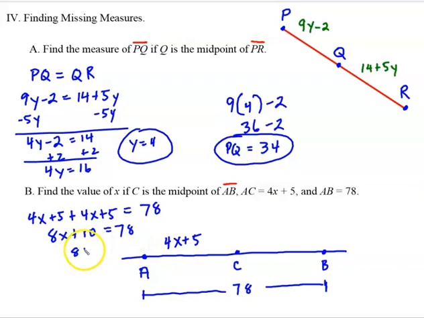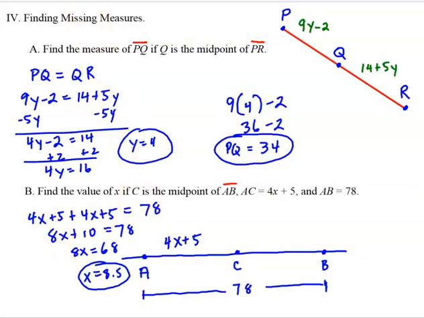Subtract 10 from both sides. 8x is 68. And then x is going to be 68 divided by 8. We'll just go to our calculator and get a decimal answer. 68 divided by 8 is 8.5. And we were supposed to find the value of x, and we did that. That is your answer for this problem, letter B.